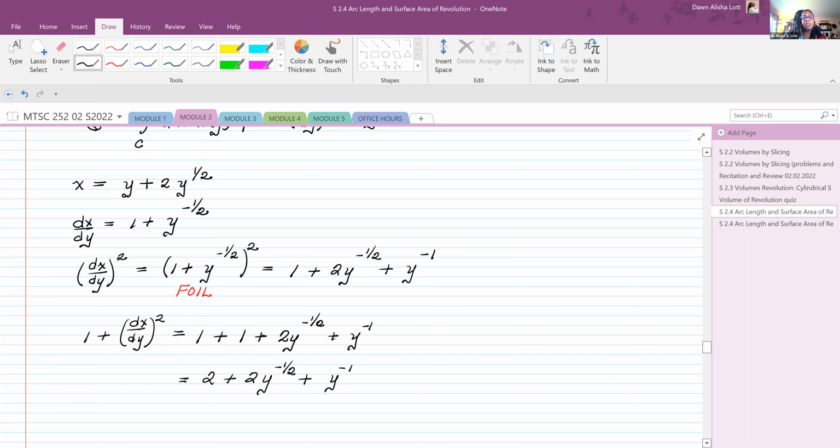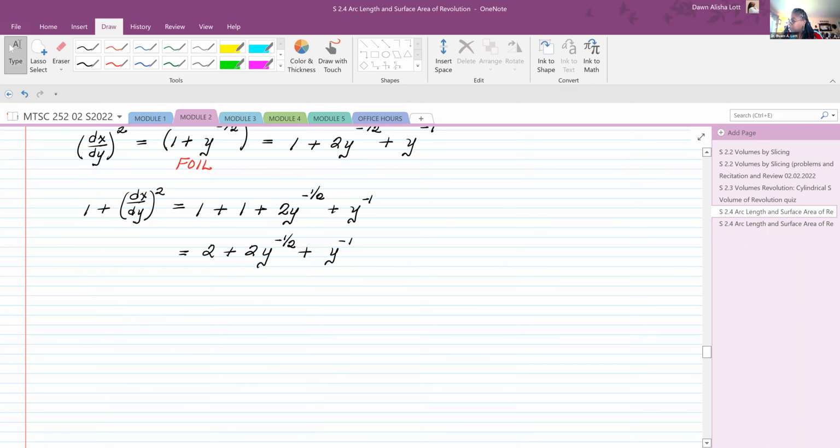And we're going to get rid of these negative exponents and pull out 1 over y, and we're going to get 2y plus 2y to the positive 1/2 power plus 1. So that looks so much better now.